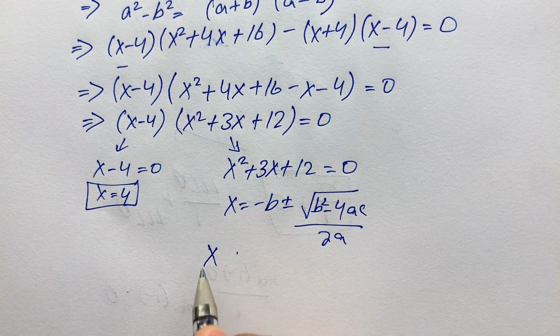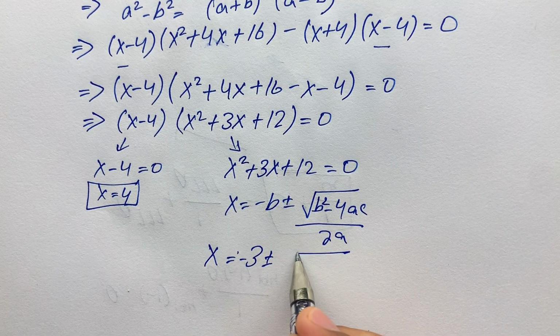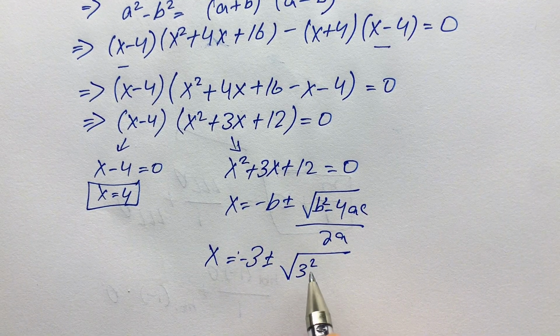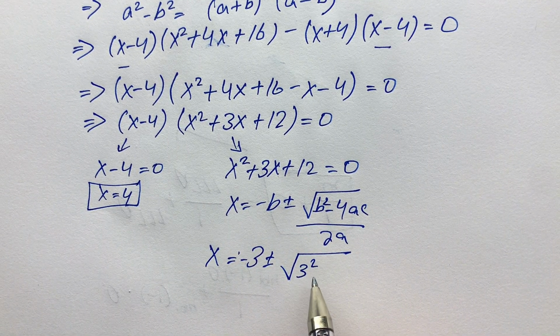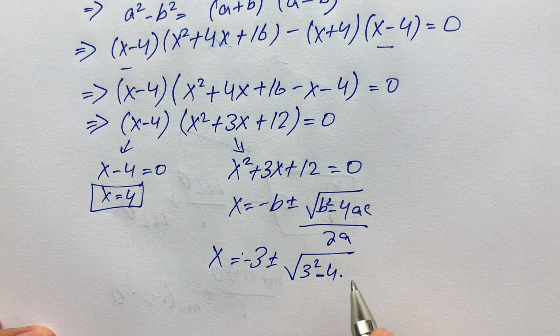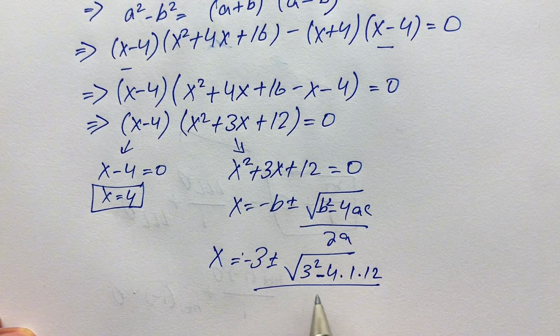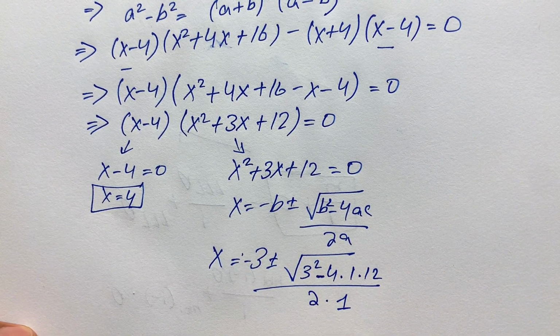This will be x is equal to minus 3 plus minus the square root of 3^2 minus 4 into 1 into c, where c is 12, divided by 2 into 1.